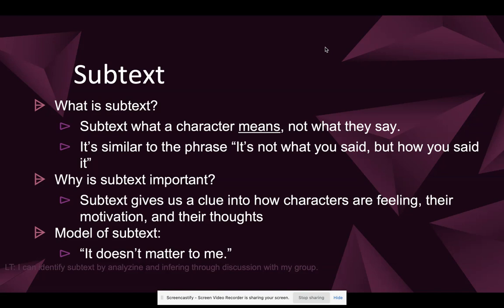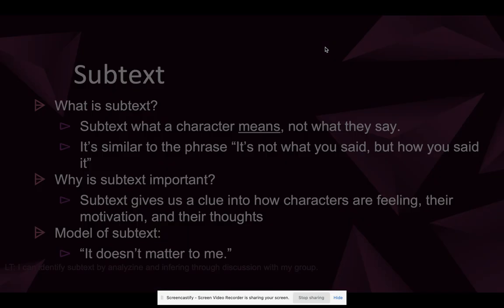My tone of voice would make you think that actually it does matter to me, right? So my subtext there is that it does matter. I'm kind of angry about it, whatever's going on, right? And I have very strong feelings and thoughts about it. So when you're looking at subtext, words are important, but so is tone of voice, so is your face, so is where the actor is looking, right? So all these things can help you figure subtext out.